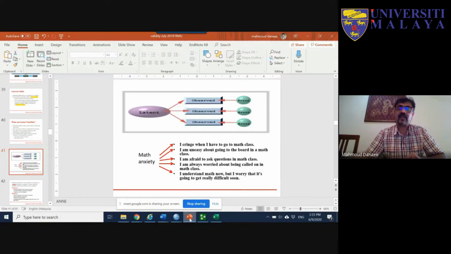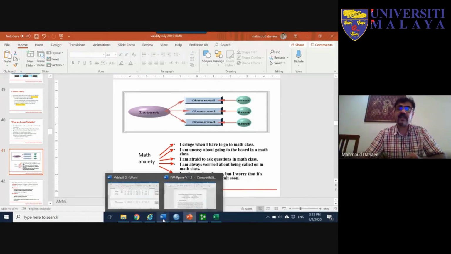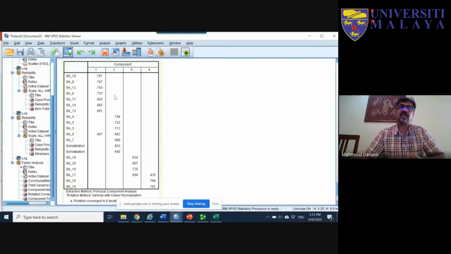That's why the highest loading indicates a better measurement for that component through those items. The cutoff point for the loading according to statistical references is 0.5. Of course, 0.4 is also acceptable, but ideally it should be above 0.5.